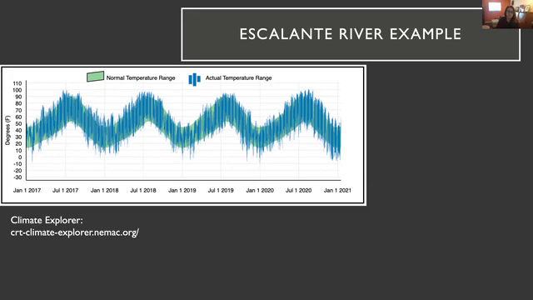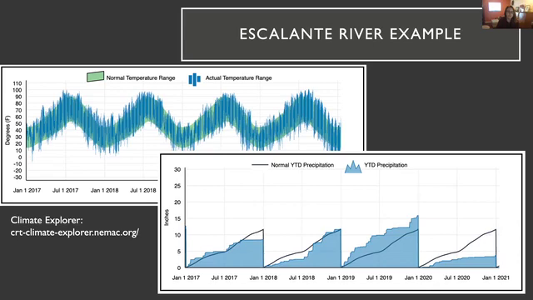So using the Climate Explorer tool, I've mapped here temperature from 2017 to present, and also precipitation over the same time period. And this is from the Grand Staircase Escalante National Monument Weather Station.